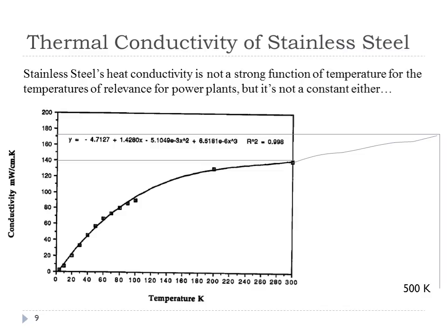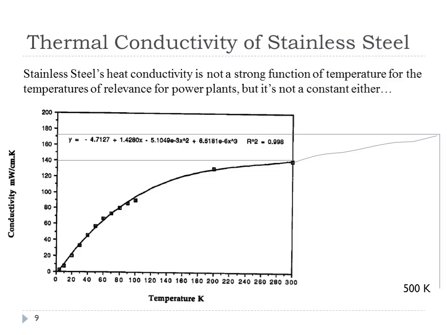So one of the assumptions I mentioned was that the thermal conductivity is not a strong function of temperature. What I've graphed here is the thermal conductivity of stainless steel, to point out that thermal conductivity is definitely a function of temperature. When you're at low temperatures, the conductivity is a huge function of temperature.